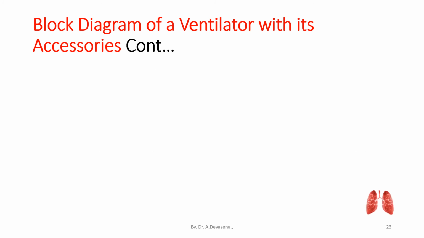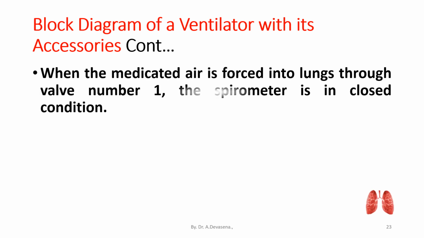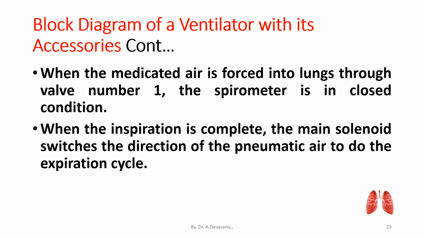When the medicated air is forced into lungs through valve number 1, the spirometer is in closed condition. When the inspiration is complete, the main solenoid switches the direction of the pneumatic air to do the expiration cycle.